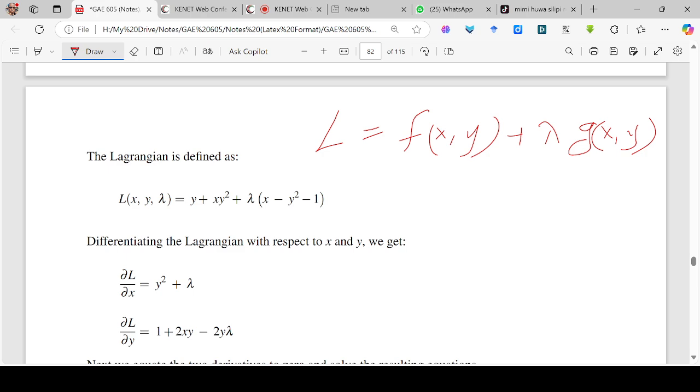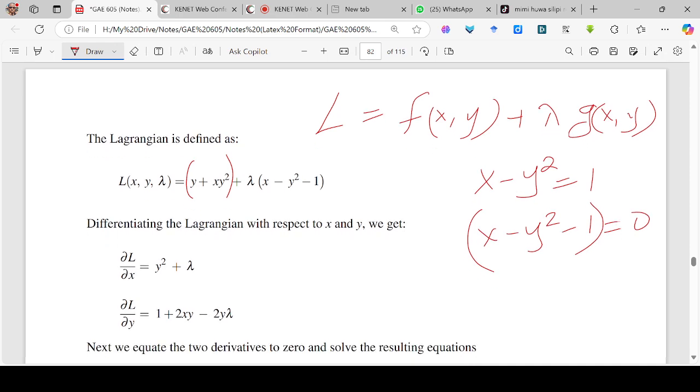G is the constraint, and f is the function that we need to optimize. So in our case, the function f is y plus x y squared, and g is given as x minus y squared is equal to 1, or we can write x minus y squared minus 1 is equal to 0. So g is this function.